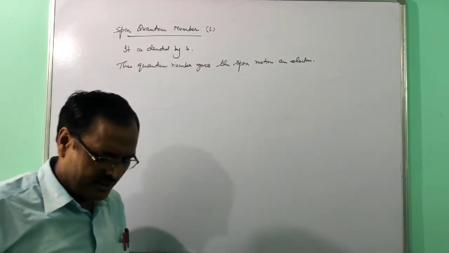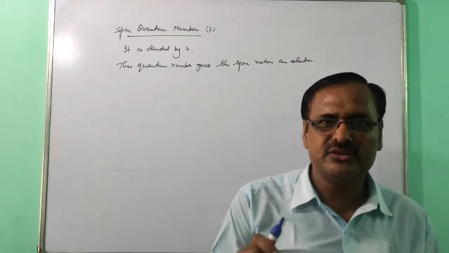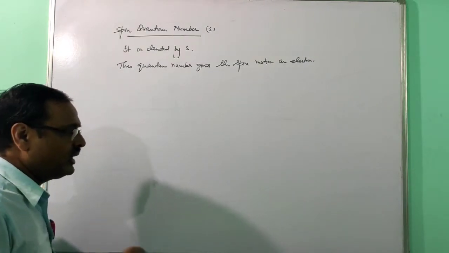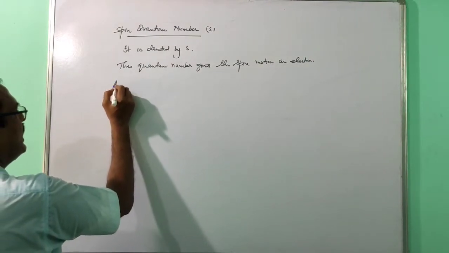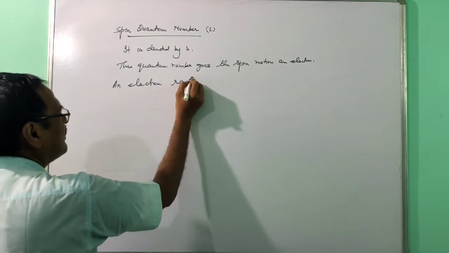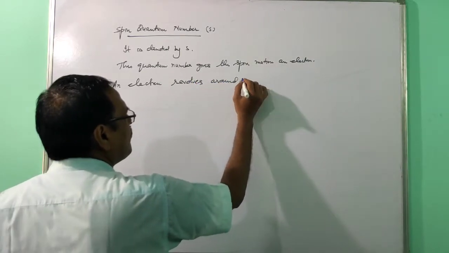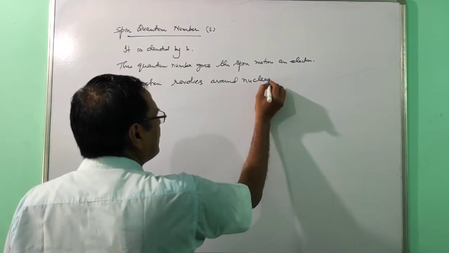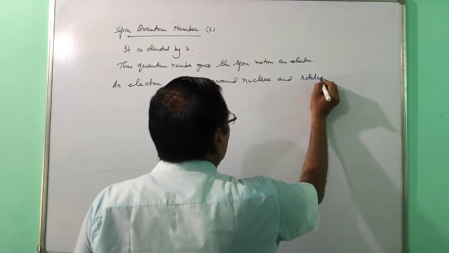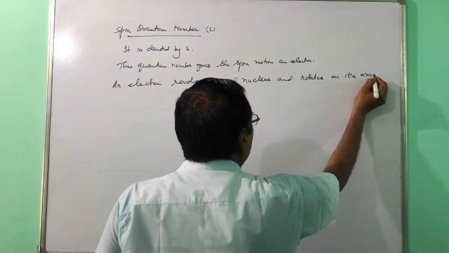So just you see, electron is revolving around the nucleus and electron is rotating on its axis, and the rotation that is called spin motion. Electron revolves around the nucleus and rotates on its axis.